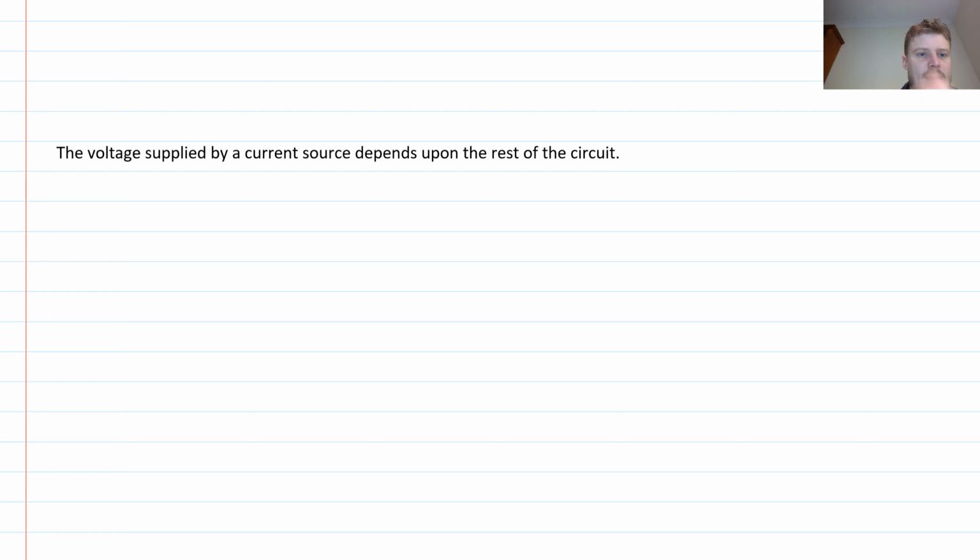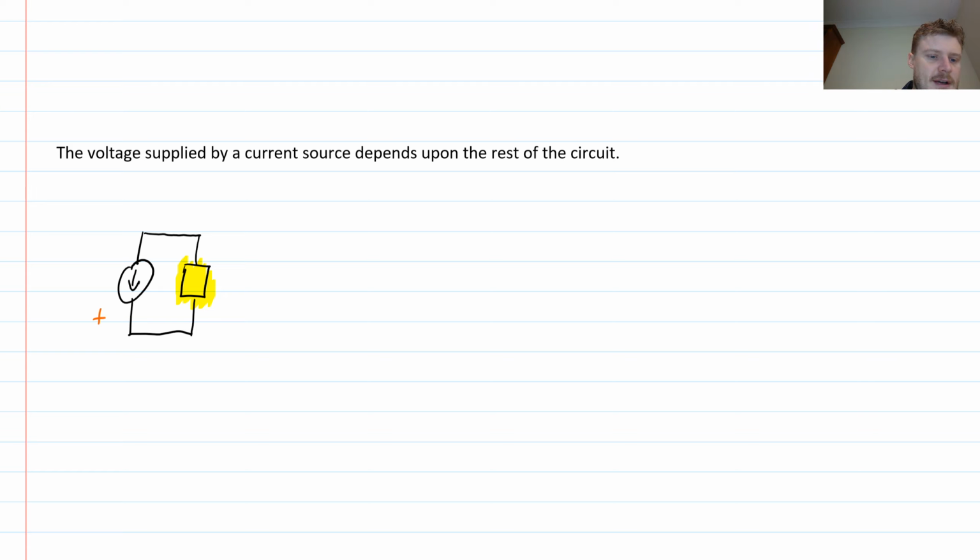If I take a simple example, a current source hooked up to some other components, not specifying yet what those will be, I would have to analyze the rest of this circuit if I wanted to know the voltage across that current source.